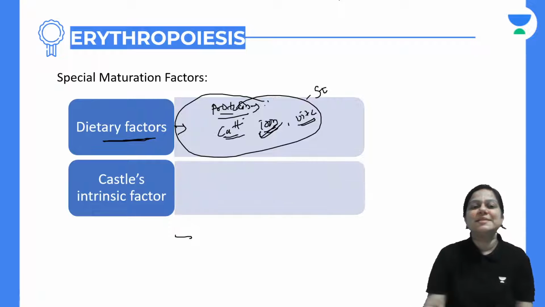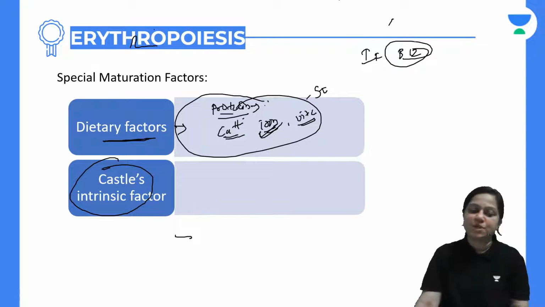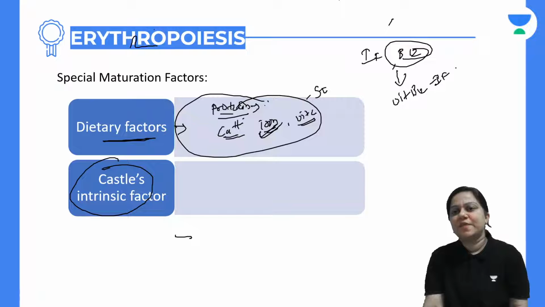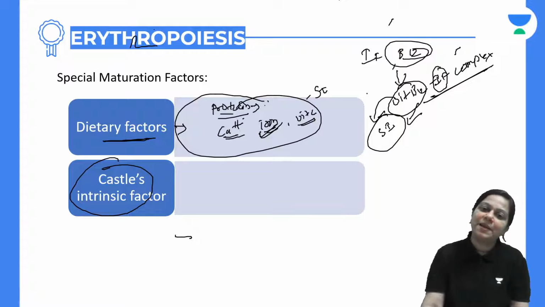The other one is Castle's intrinsic factor. The intrinsic factor is important for vitamin B12 absorption. Whenever you consume vitamin B12 and it reaches the stomach, a vitamin B12 intrinsic factor complex is formed. This complex reaches the small intestine, where the intrinsic factor is removed and vitamin B12 is taken up into the blood.